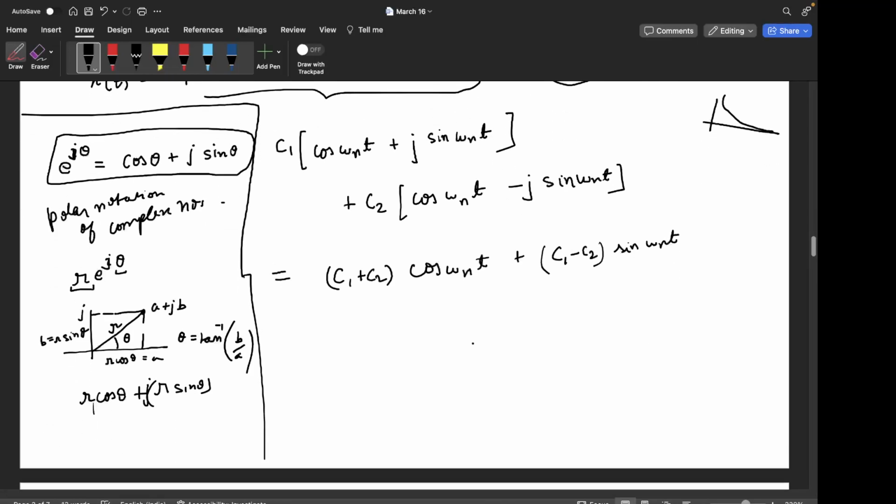Okay, and further if we denote this by maybe some other constant, just to write it more succinctly, this is p cos omega_n t, and this is q sin omega_n t, and of course I missed a j here.